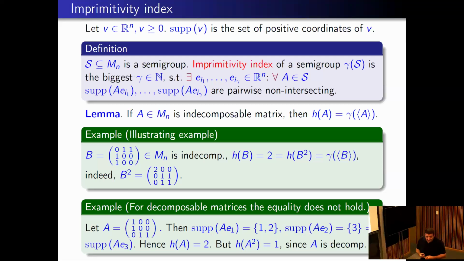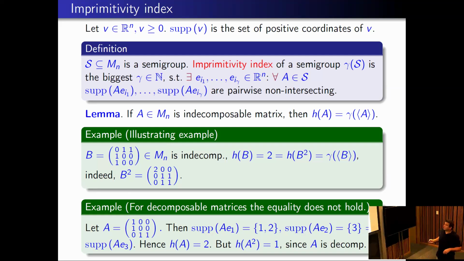And there is a generalization of the imprimitivity index. So we deal with non-zero positions, which are pairwise non-intersecting, and we are looking for the biggest gamma such that I have a basis where these supports are pairwise non-intersecting.